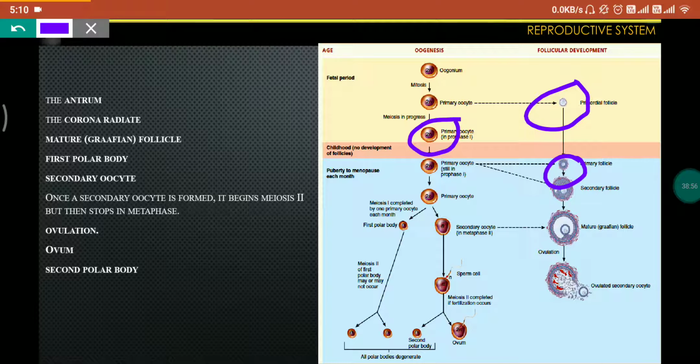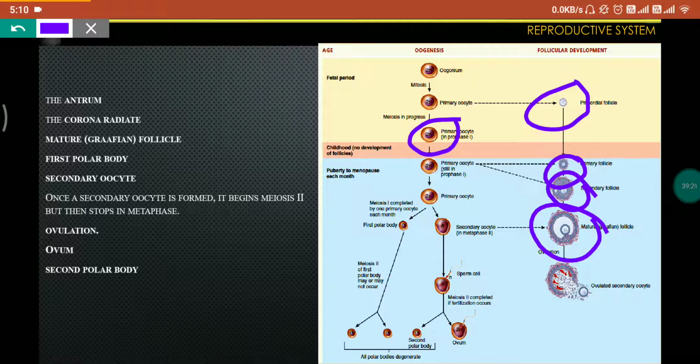Here we can see the primary follicle, and this primary follicle has a primary oocyte, and when it becomes the secondary follicle, the primary oocyte starts to divide and produces the secondary oocyte and the first polar body. These two are present in the mature Graafian follicle.